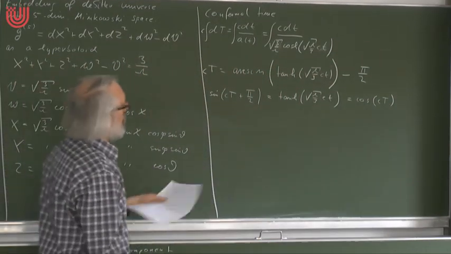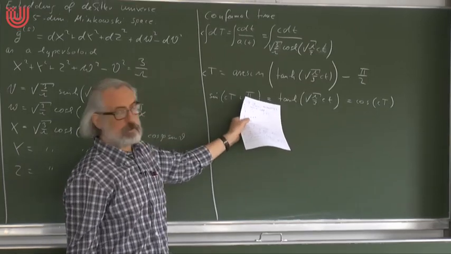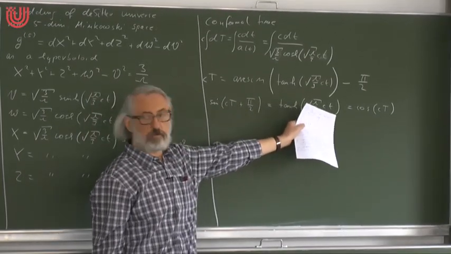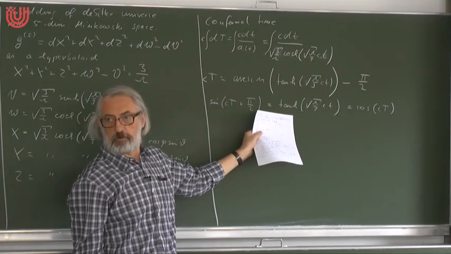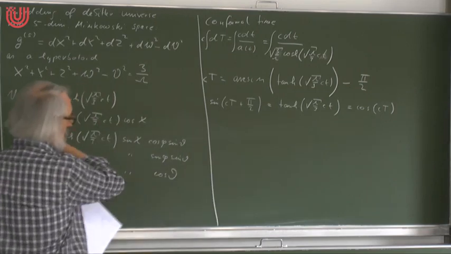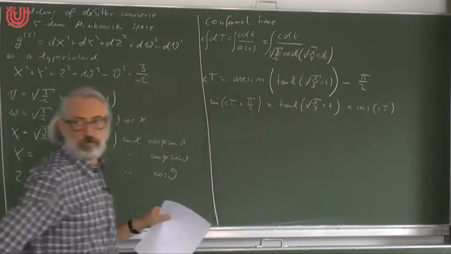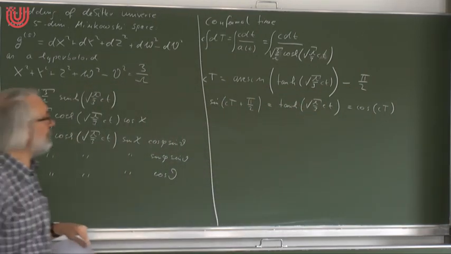Now you see, what's the range of the hyperbolic tangent? So if t runs from minus infinity to plus infinity, what does the hyperbolic tangent do? You know, hyperbolic tangent is this. Yeah? So it goes from minus 1 to plus 1.